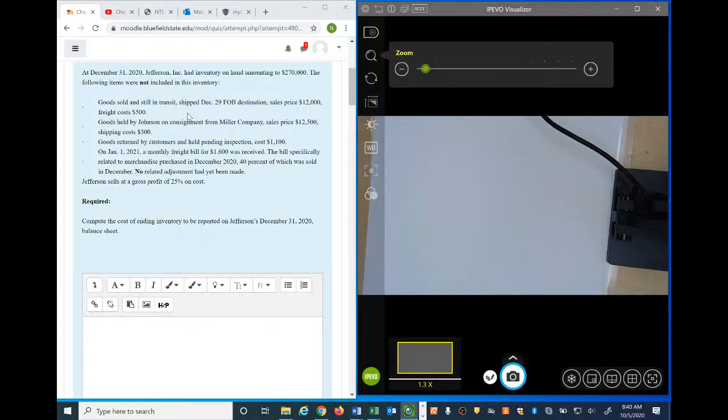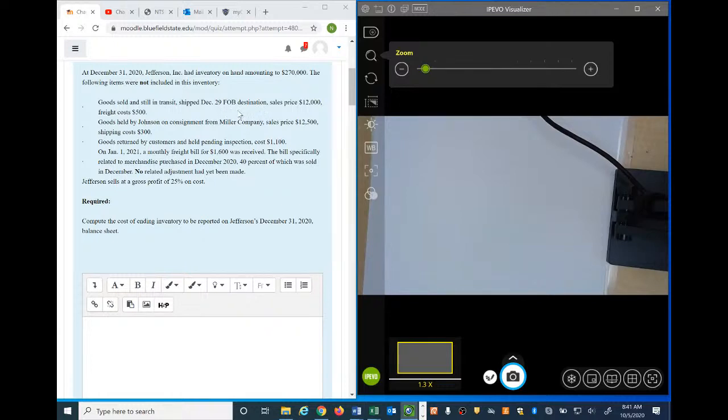So it was goods sold, right? And still in transit. So Jefferson sold it, and it's still in transit. It was shipped December 29th, FOB destination. Sales price $12,000, freight cost $500. What do we need to do with this? First of all, FOB destination.